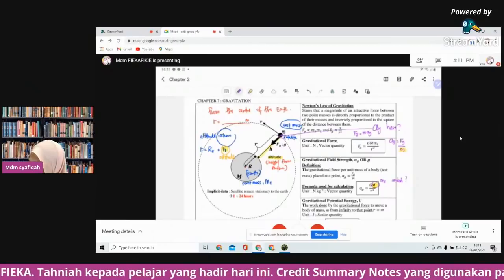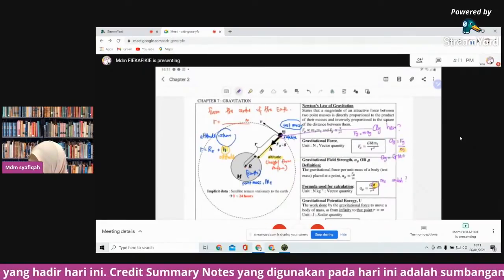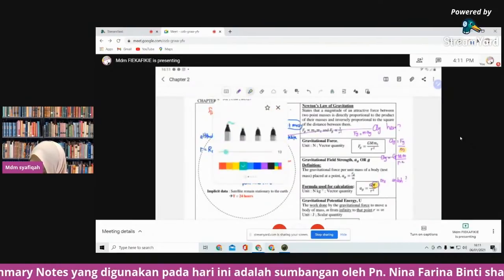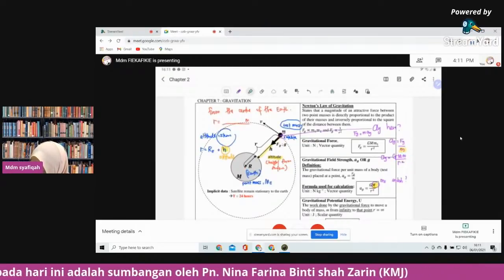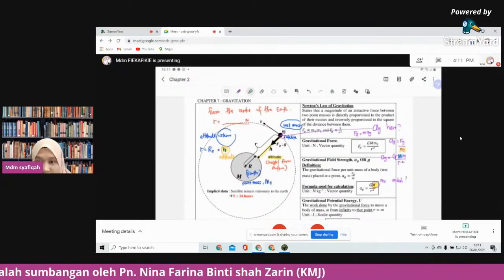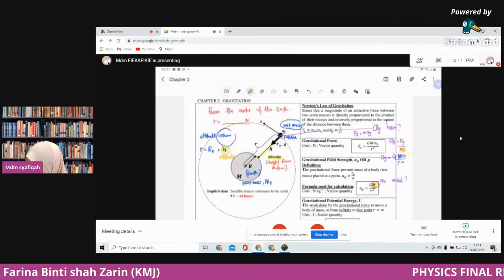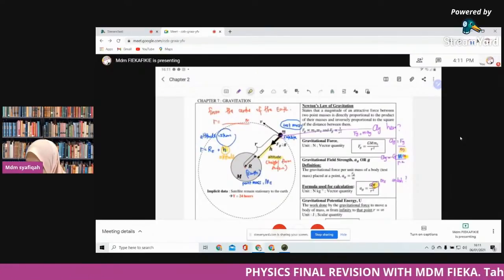Okay. So, AG is equal to GM M over R squared. Okay. Kalau you tengok dekat equation dalam nota, you ada capital M and then you ada small m. Okay. So the small m is the test mass.